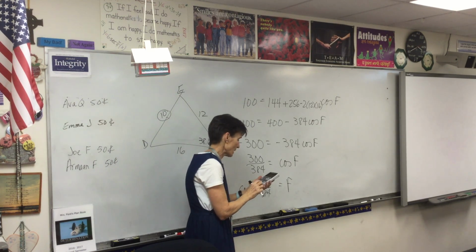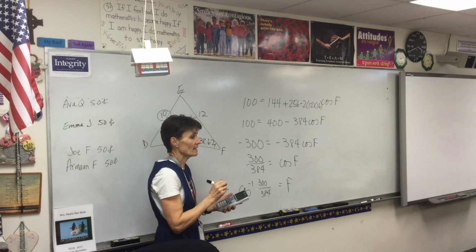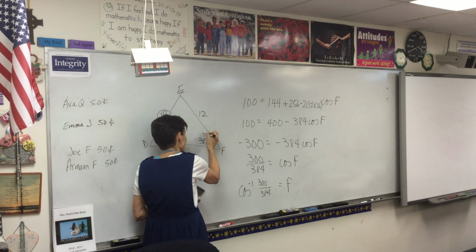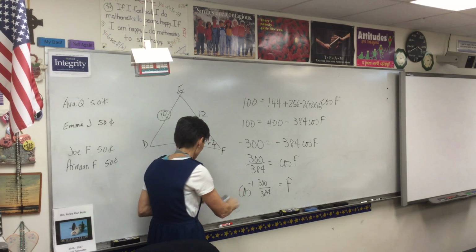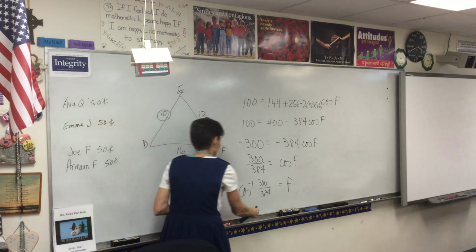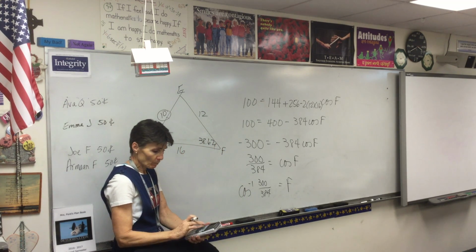Boys and girls, if you type in 300 divided by 384, you get 0.78. I hope it makes sense to you that this angle is not 0.78, right? You need to second cosine that. Don't just type in the decimal. Everybody get 38.62?